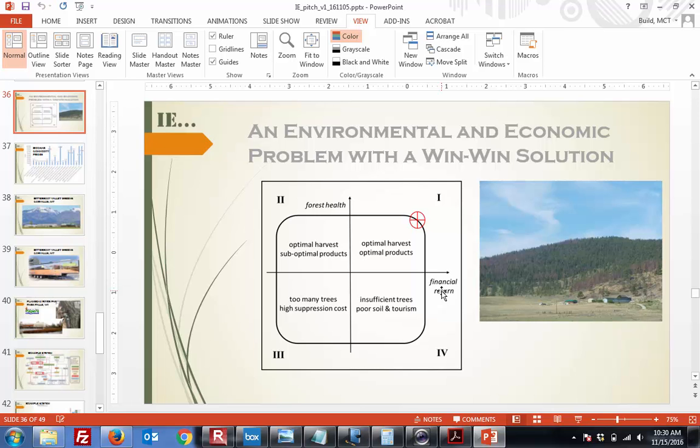But if you're making suboptimal products, let's say you're making mulch out of beetle kill when you could be making beautiful headboards and flooring and siding that's in high demand, let's say somewhere in Europe, you're not making as much money as you could be because you're making mulch instead of high-end furniture. But maybe you are dialed in and you're making some really nice high-quality products and your financial gain is up.